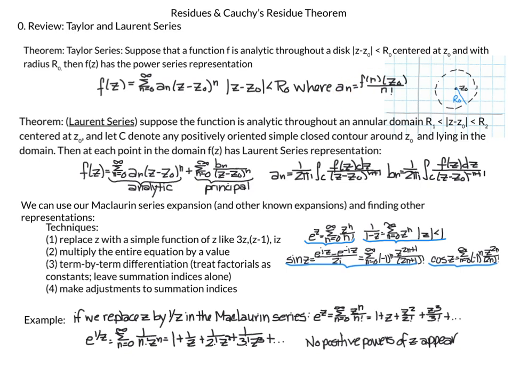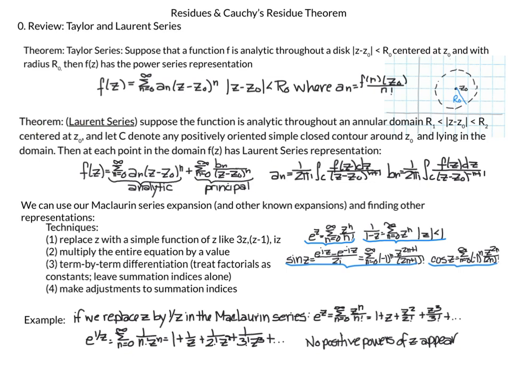That is, it's equal to the nth derivative evaluated at z naught divided by n factorial. And Taylor series was actually really remarkable because what it tells you is any function, as long as it's analytic in the disk, can be represented by a polynomial. The limitation of Taylor series, as you can see, is that the function has to be analytic.